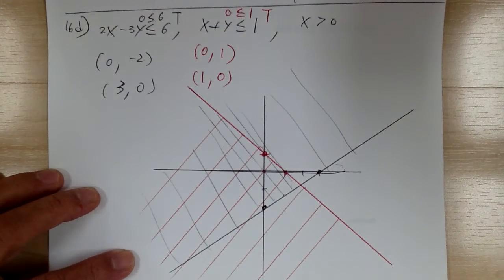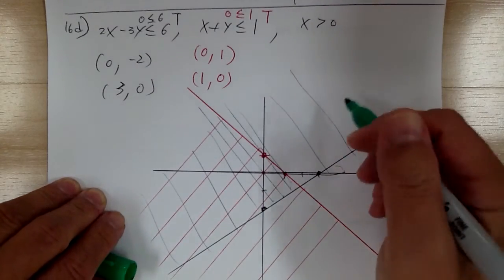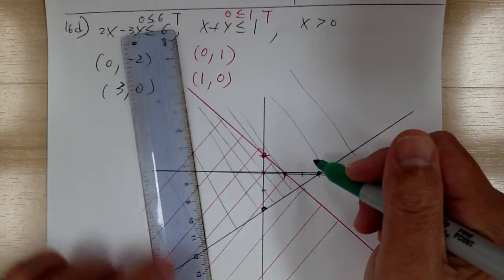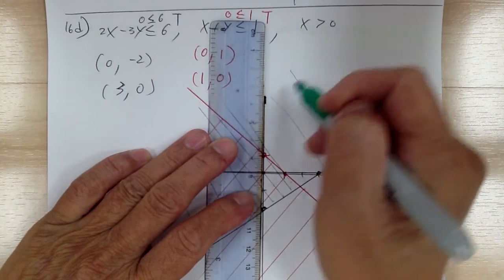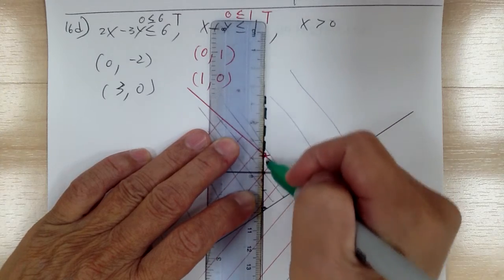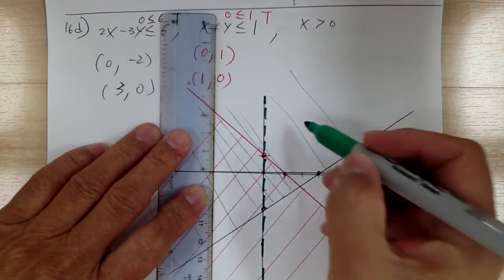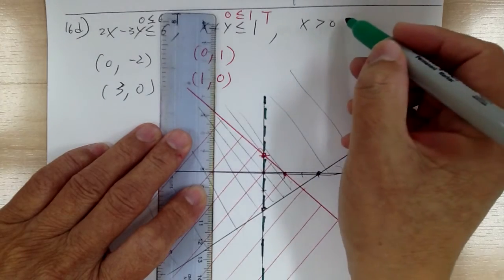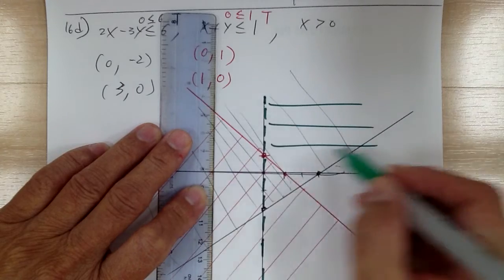The next part, I'm going to use green. So x is greater than 0. Here's your x equals 0, right over here, and it's going to be a dashed line. It's greater than 0, so it'll be this part over here.